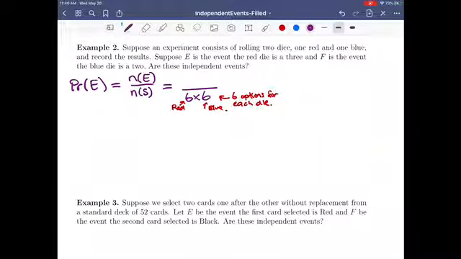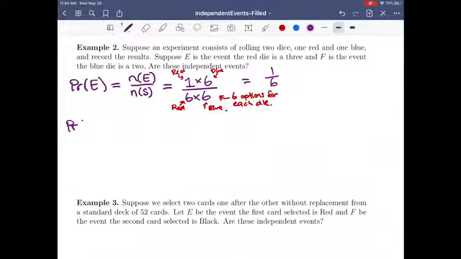On the top, I need E to happen, so the red die has to be a 3. That means I only have 1 option for the red die, but 6 options for the blue die. This is the red die, and this is the blue die. So here we get 1 over 6 as our probability.